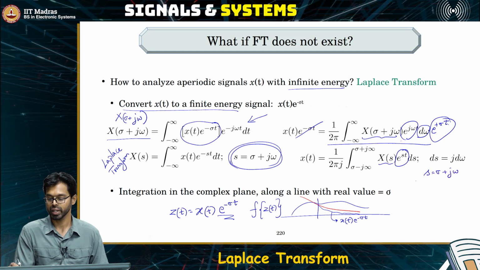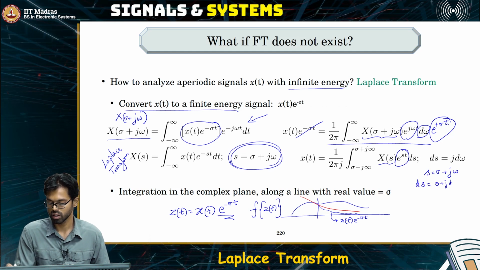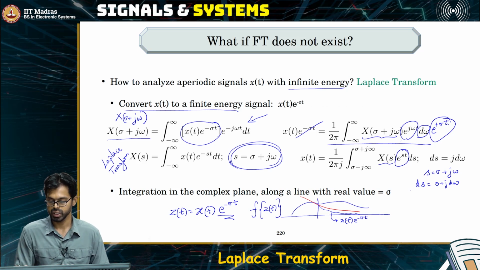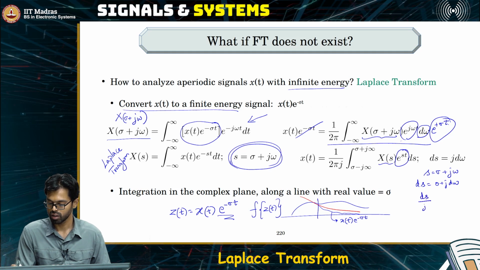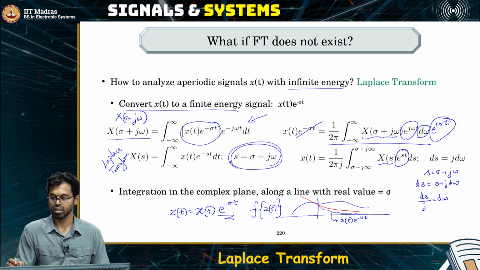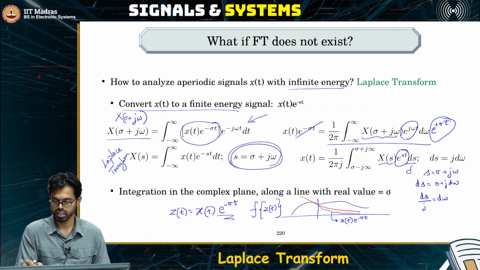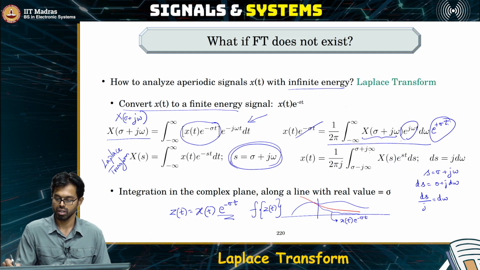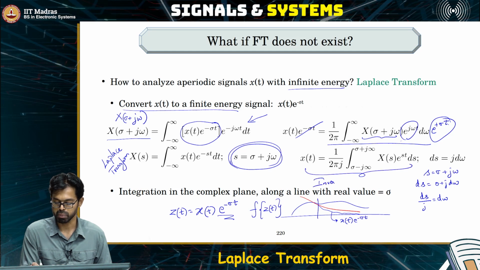So what is d omega? d omega is related to ds in this fashion, which means we have to replace d omega with ds by j, and that j comes here. So this is the expression for the inverse Laplace transform.